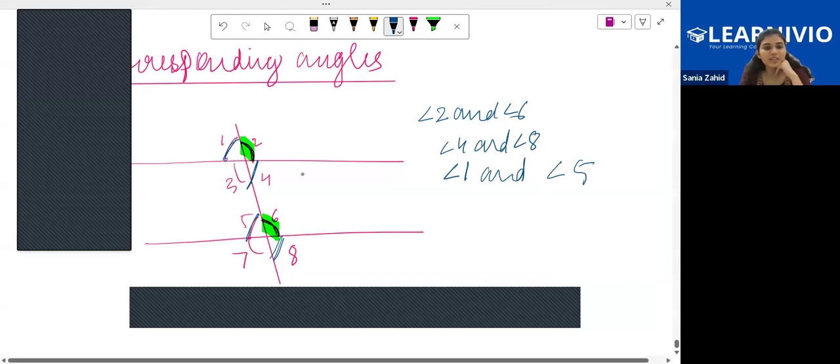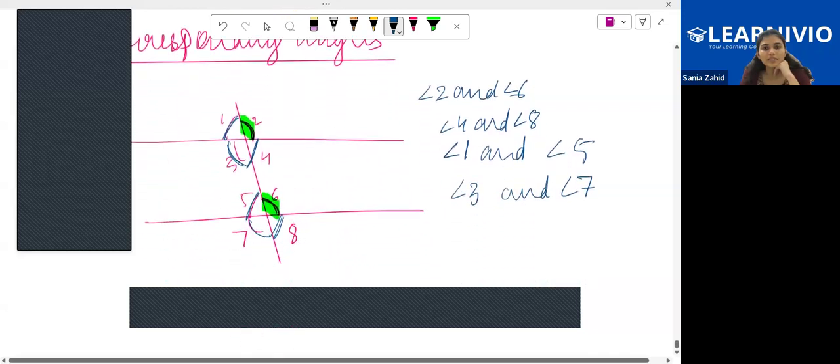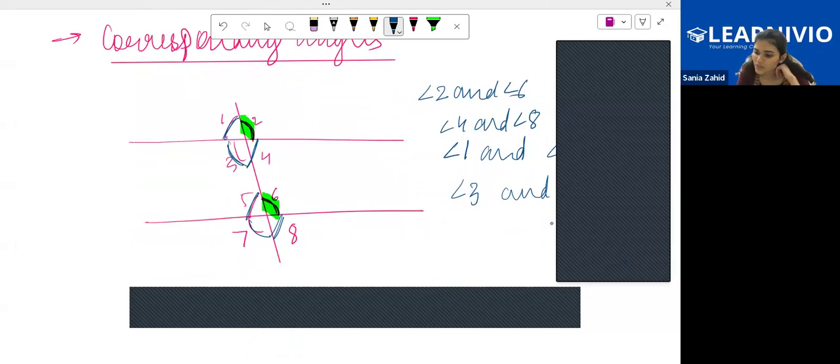Now with angle 3, which will be the corresponding angle? Angle 7. Yes, with angle 3, you have angle 7 as the corresponding angle. Do you understand the concept of corresponding angles? Yes.